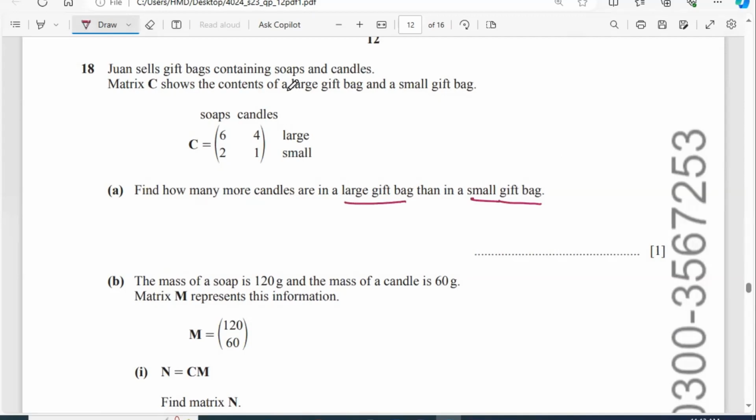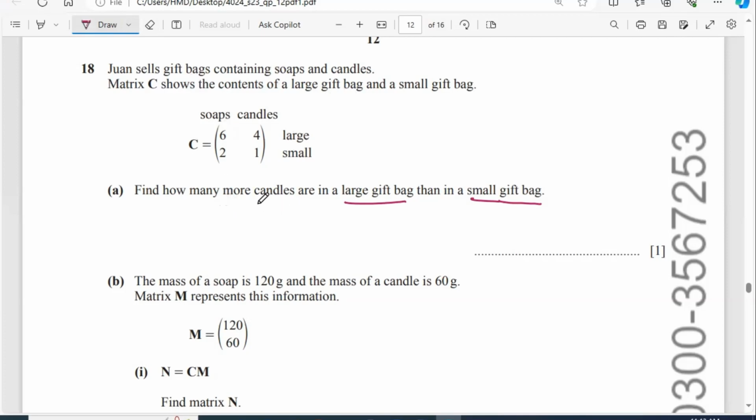John sells gift bags containing soaps and candles. Matrix C shows the contents of a large gift bag and a small gift bag. In the large gift bag there are six soaps and four candles. In the small gift bag there is one candle and two soaps.